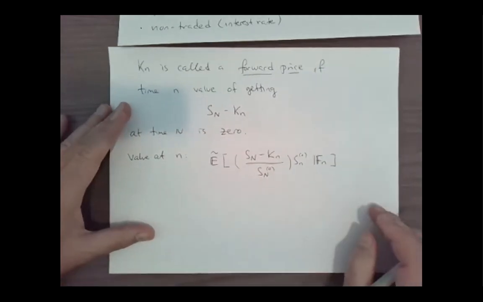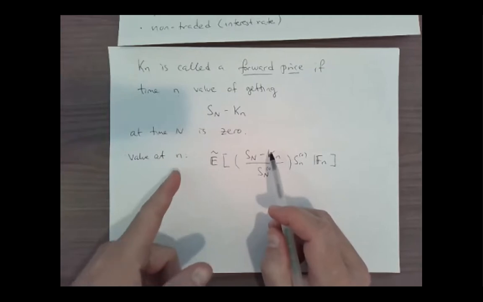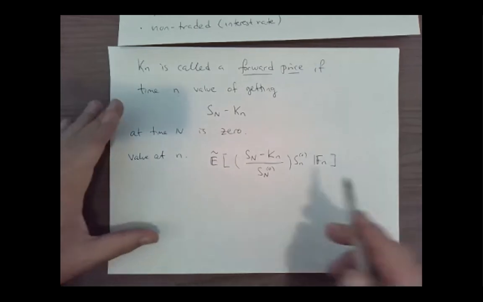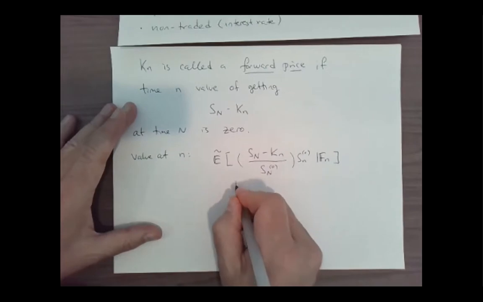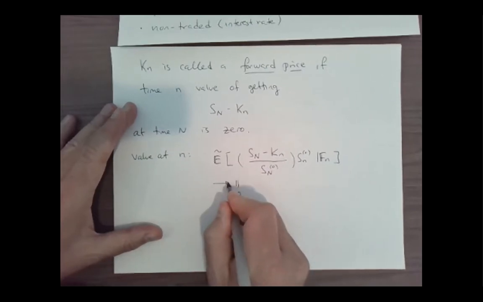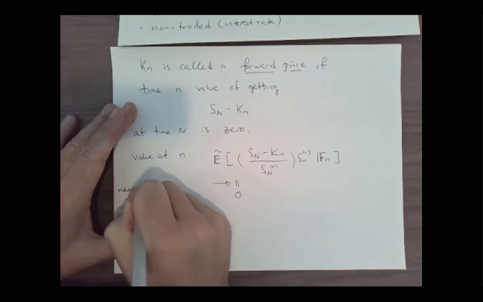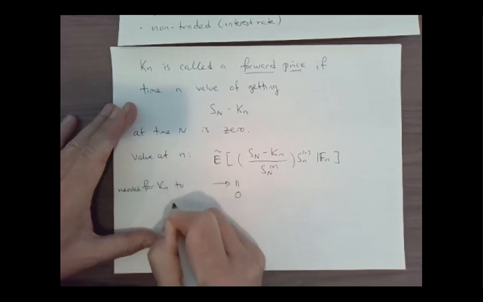So this is going to give me the value of this payoff at that earlier time. And so what I want to do is, I want this to be 0, and this here is needed for K_n to be a forward price.